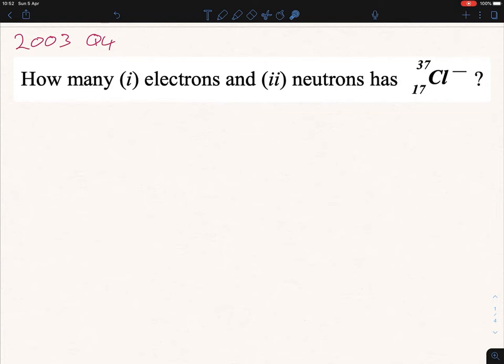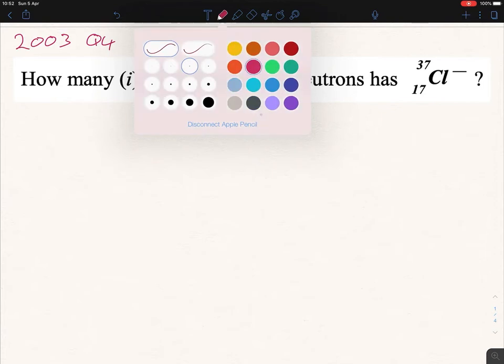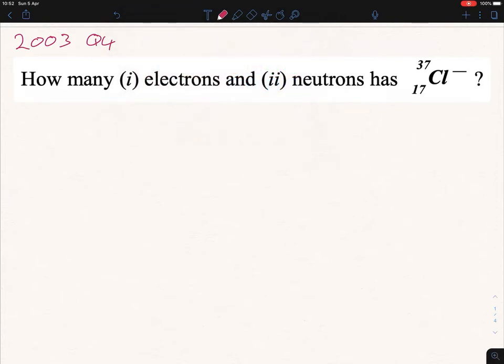So in this case we're asked to find out how many electrons and how many neutrons this chlorine ion has. I'm going to write out that chlorine ion again, because I don't particularly like the way it's written. The chlorine ion is always negative, up above here. Generally we put the atomic number on top and the mass number on the bottom, which I'm going to do now. That's how we see it in the periodic table.